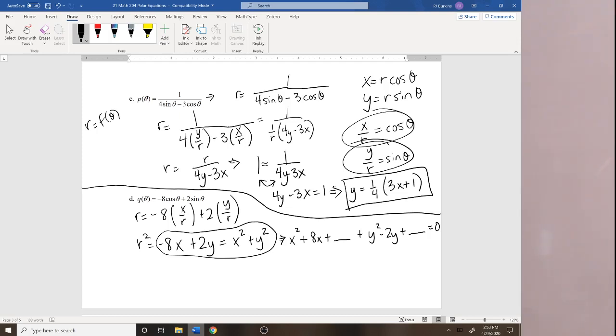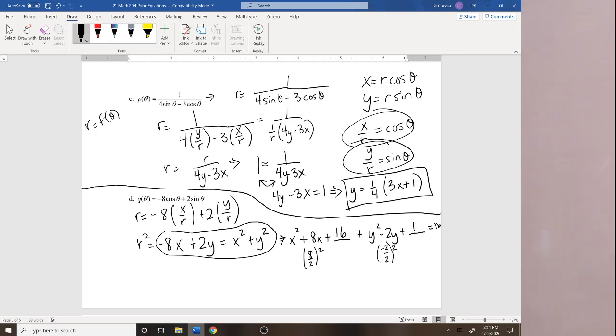So I would take 8, divide by 2, and square it. So that's 16. But if I add 16 over there, I've also got to add 16 over here. And then the other one is going to be negative 2 divided by 2 squared.